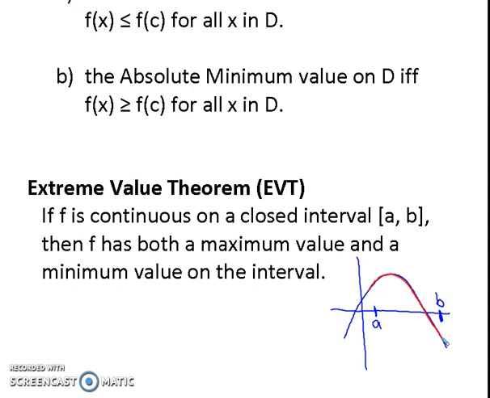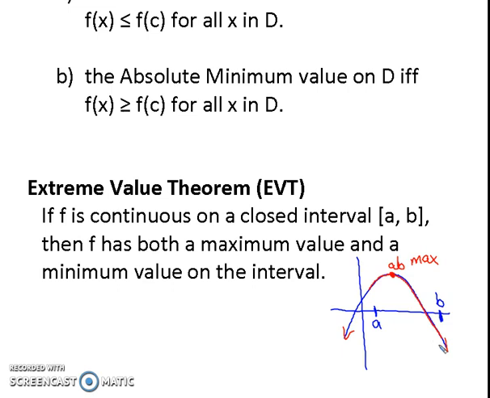Because it's a closed interval, if we looked at the entire graph, we would have said, yes, there's definitely an absolute maximum, and it occurs roughly right here. However, we would have said there is no absolute minimum, because we would assume that the graph continues downward forever, all the way down to negative infinity.